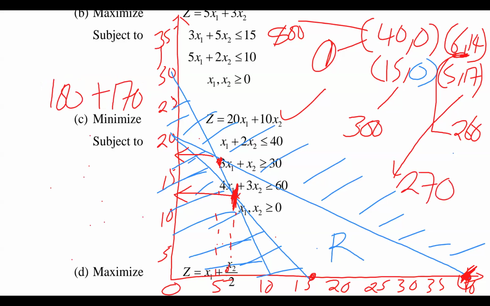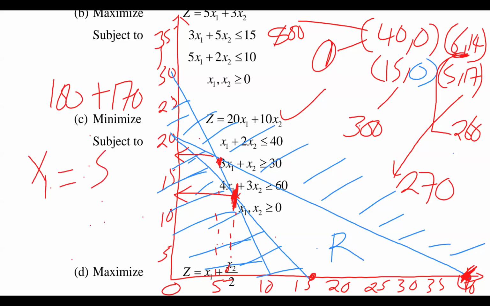So which one is the minimum? The minimum cost is 260. So what values should you provide to minimize the function? The optimal values.